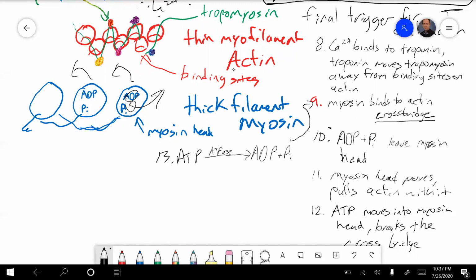This is our cross bridge cycle. Myosin binds to actin. ADP and the inorganic phosphate get kicked out. The myosin head moves, it pulls the actin with it. ATP moves in, breaks the cross bridge, cycle starts over. As long as calcium is bound to troponin and that tropomyosin is not in the active site, the cycle begins again. And the muscle continues to contract.